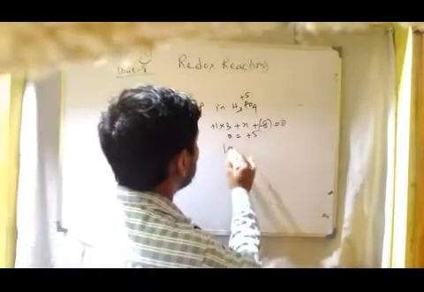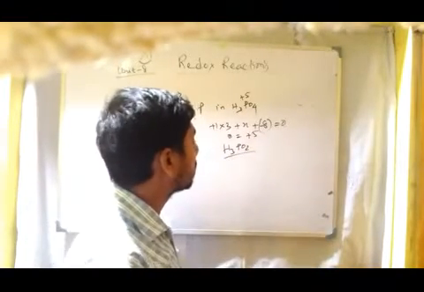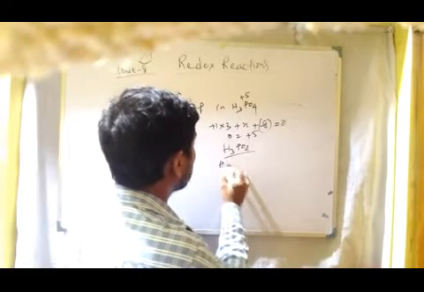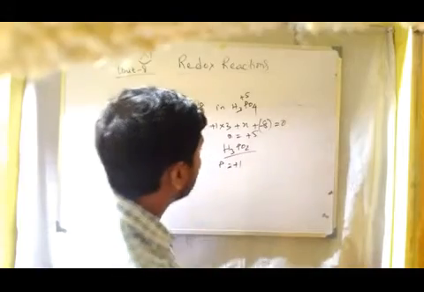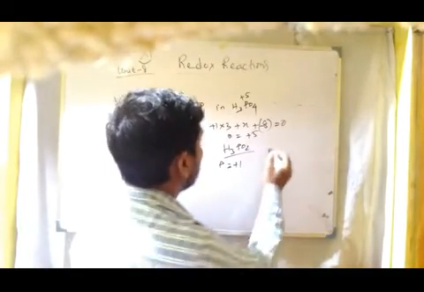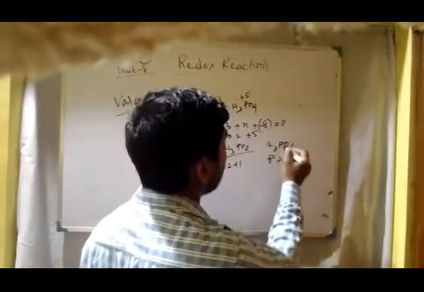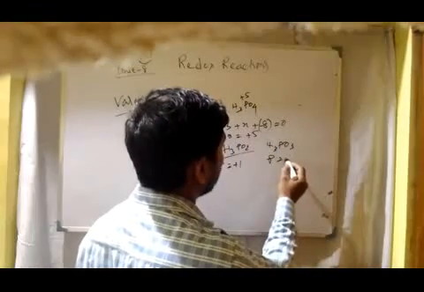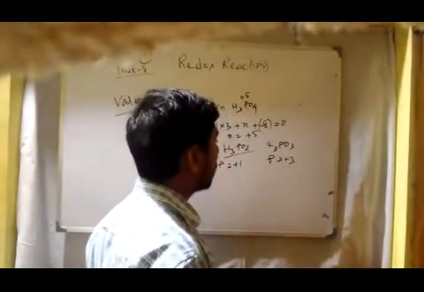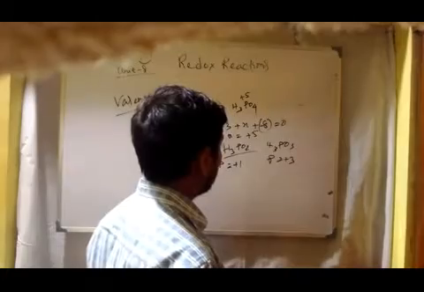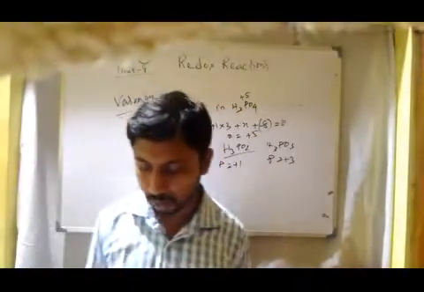Now in case of H3PO2, here also we can see that the oxidation state of phosphorus is equal to -4 plus 3 plus 1. In H3PO3, P equals -6 plus 3 plus 3. So in that way we can calculate the oxidation state of the element of a compound.